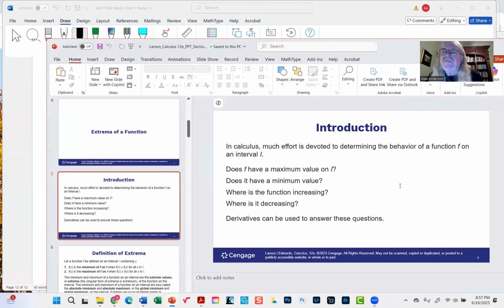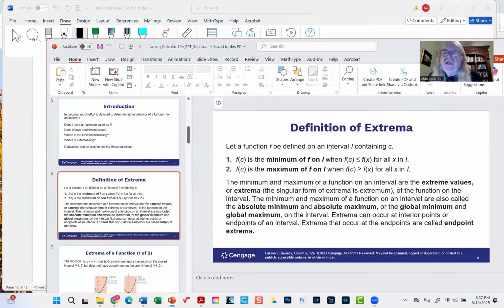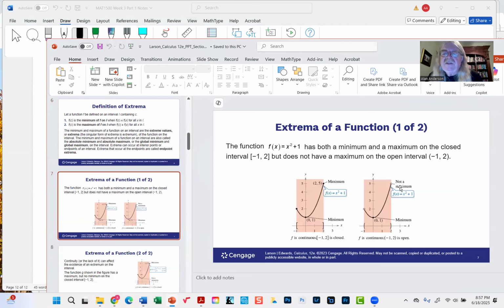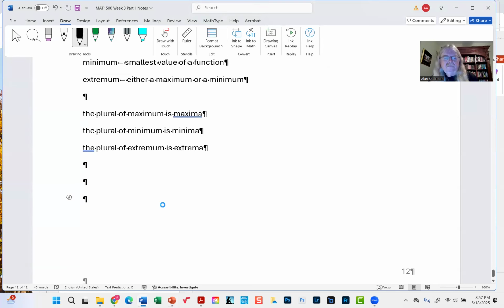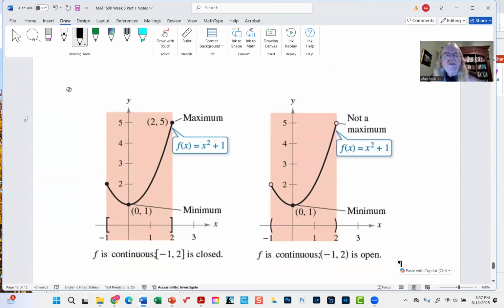So how do we find them? Okay, now let's see where we're going with this. We don't have time to get too deeply into this right now, but let's look at these graphs real fast. On the left, we have a parabola, and clearly it has a minimum. Now, if you notice, the result that we will get will depend on the interval over which we're defining our function.